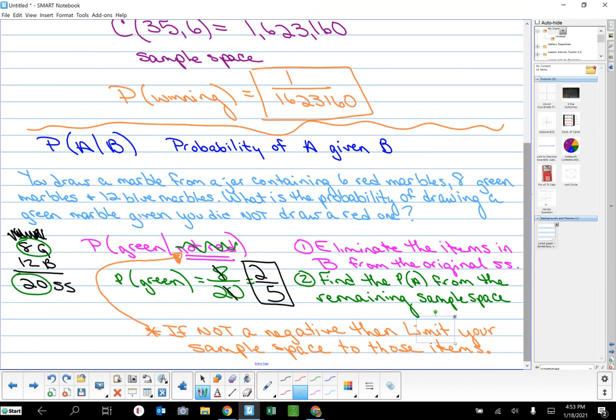Okay, so we eliminated the items because of the wording. But if you're talking about, I don't know, the alphabet, and we're going to pull something from the second half of the alphabet, well, we're only going to be using from N to the end. I don't know if M is the actual middle. I'm just saying. Okay, so you would limit your sample space to those specific items. Okay, you're only eliminating in this case because of the wording of not red. All right.